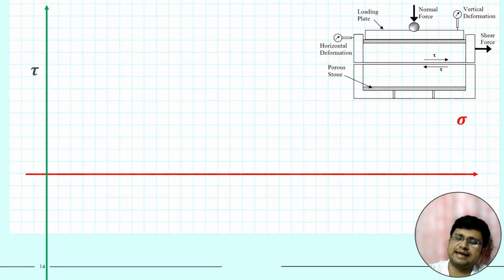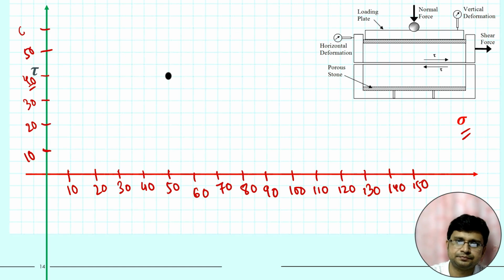On the x-axis we will put normal stress, on the y-axis there will be shear stress. Suppose this is 10, 20, 30 like this. We first have to draw the point for which the normal value is 50 and shear value is 40.